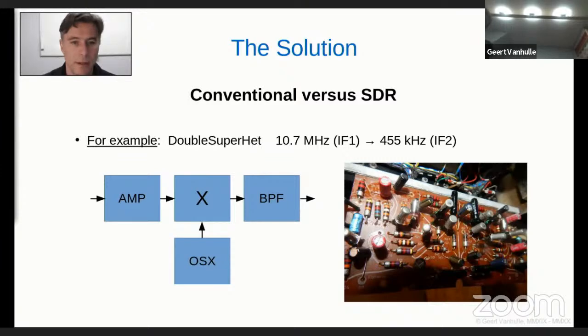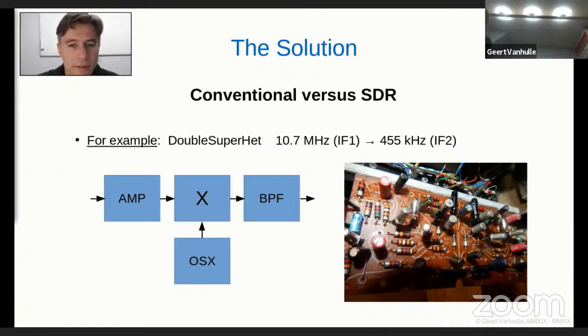This is a typical narrowband receiver. We have an amplifier, a mixing stage, an oscillator feeding the mixing stage, and then a bandpass filter at the output. This is how we would go from 10.7 megahertz down to 455 kilohertz.